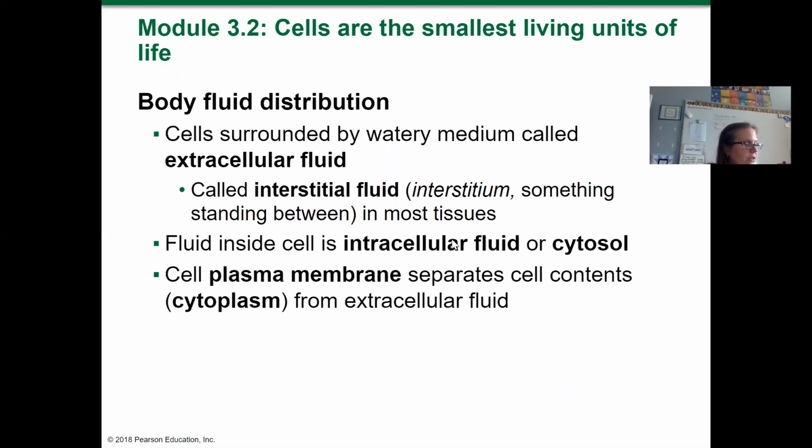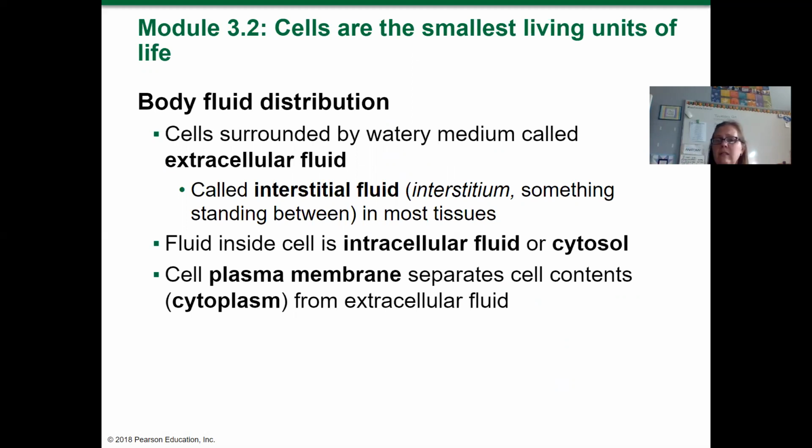Moving on to the next section here, you can see that there's a nice flow chart that pieces out all of the distribution of the cell and surrounding things. So basically everything outside the cell is extracellular and everything inside is intracellular. We biologists, we love all these different names.